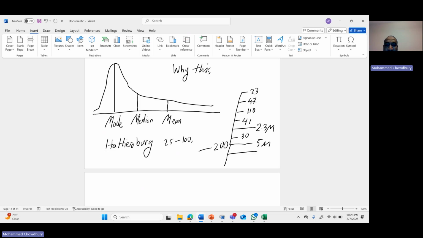Or more specifically, you are collecting data from a county where most of the people are middle class or poor, but if some rich people with huge yearly income are included in your data, in such cases the mean will inflate. Your histogram and the frequency curve would be positively skewed. So that's the reason why the mean is on the right.